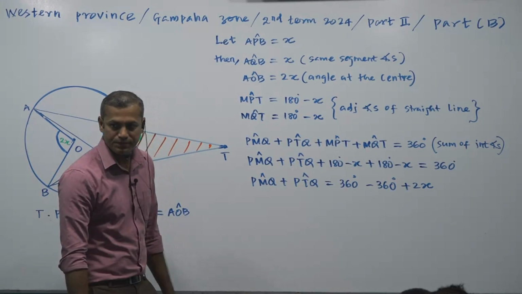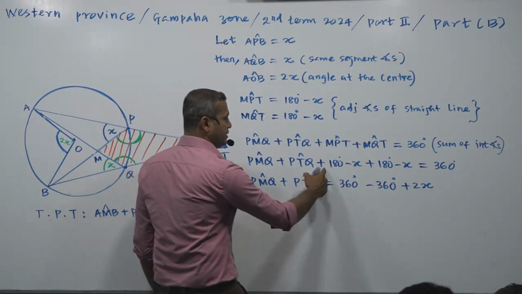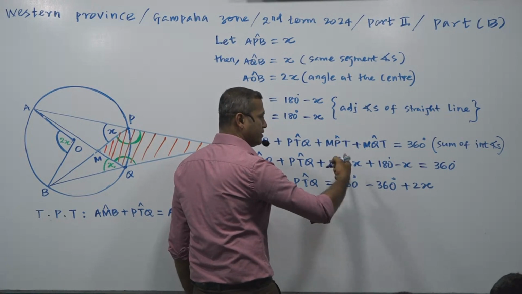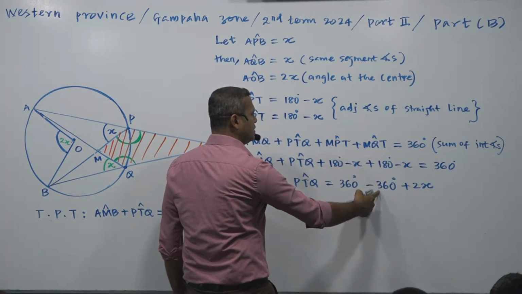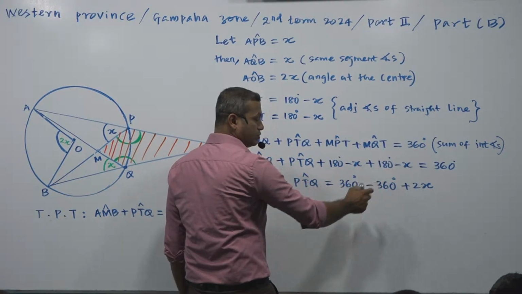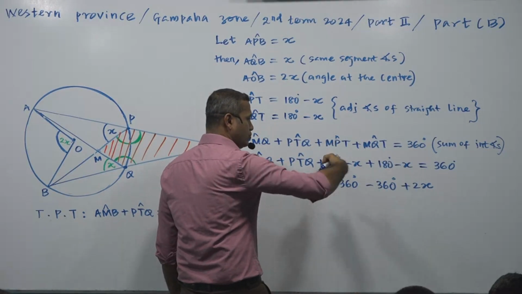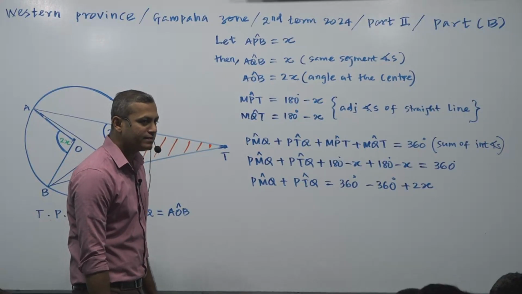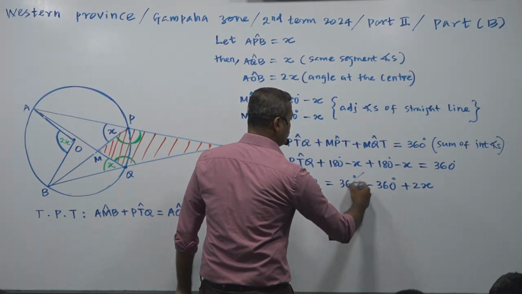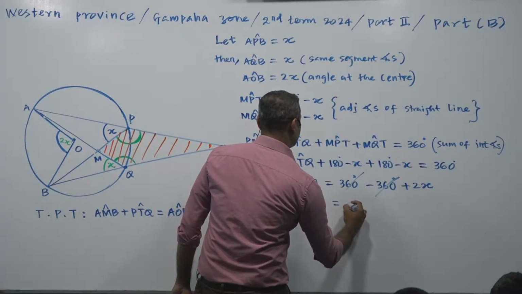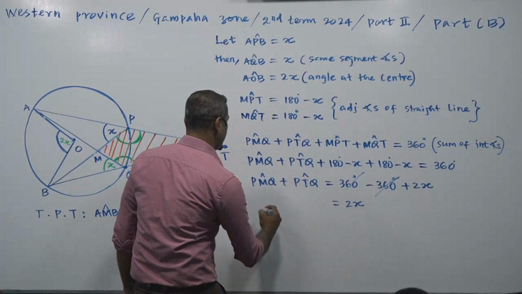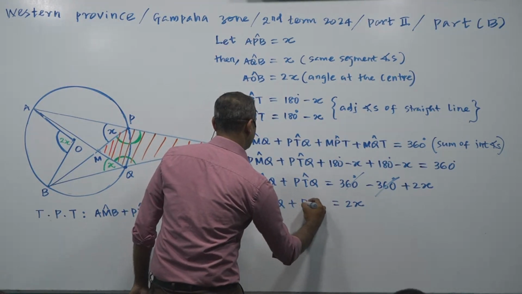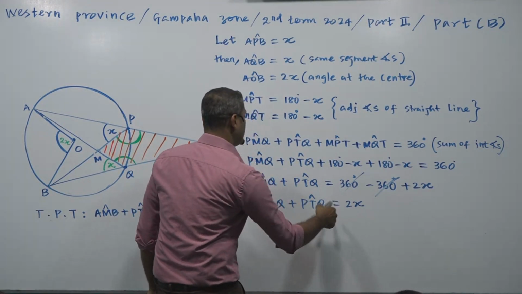Is that clear? Minus 360, minus x means minus 2x, minus 2x becomes plus 2x. Now we can cancel these two. This is equal to 2x. Agree? PMQ plus PTQ is equal to 2x.